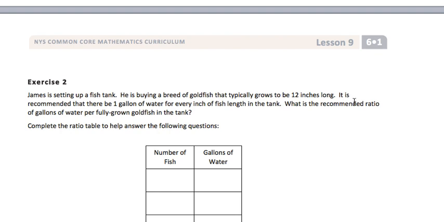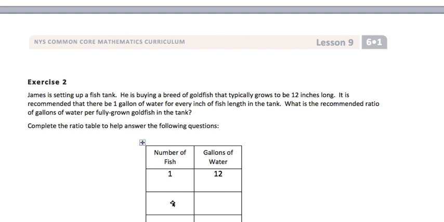The recommended ratio of gallons of water per fully grown goldfish in the tank is a little tricky. Because if we only have 1 goldfish that is 12 inches long, we need 12 gallons of water to accommodate that very large fish.